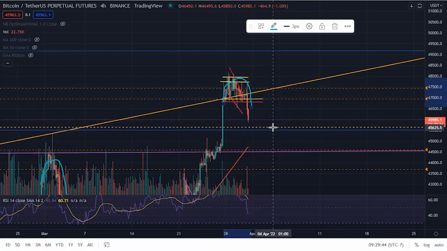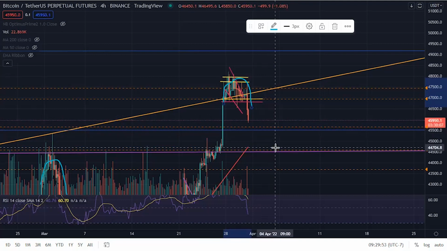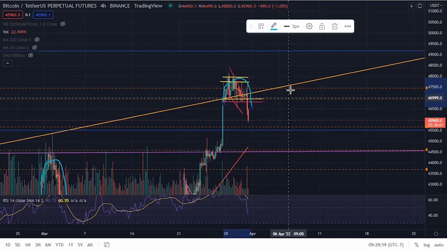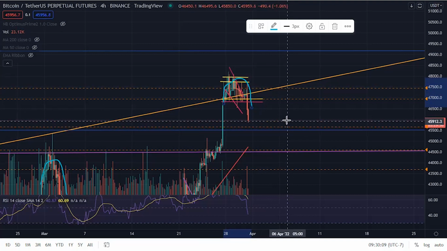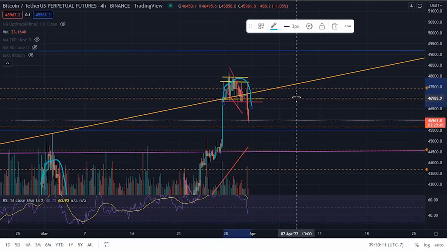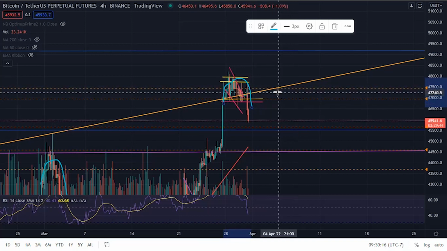I'm looking for a nice buying trade at around 45,500, and if that doesn't hold, then the next one would be around 44,500. If I do long it here at around 45,500, I'm going to take my profit around 47,000, just because this is where the next resistance is.